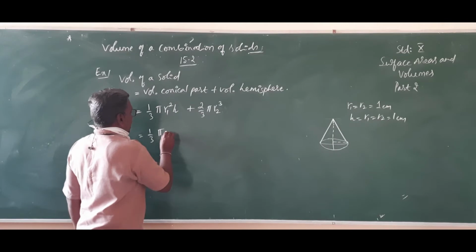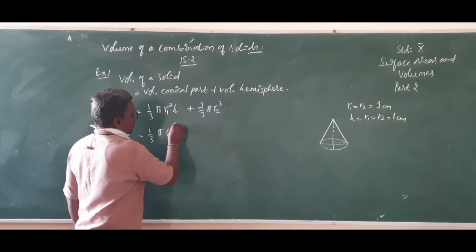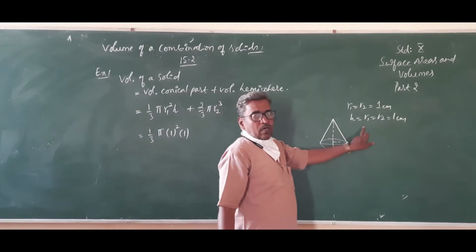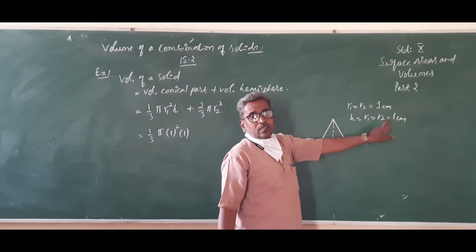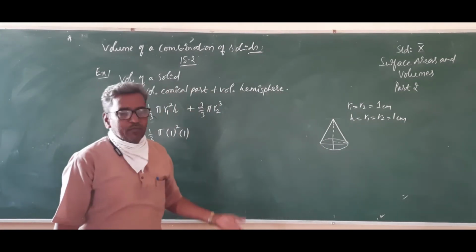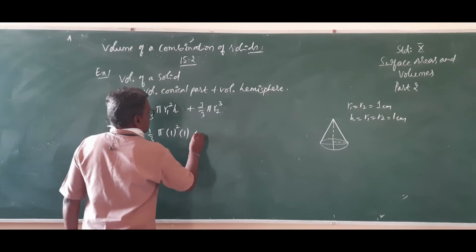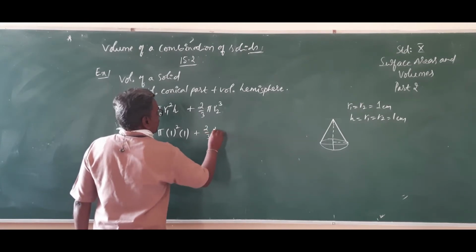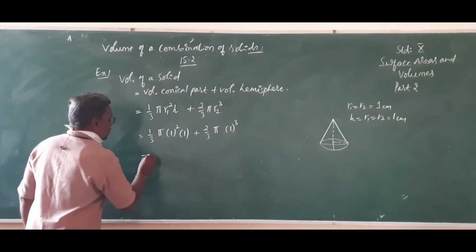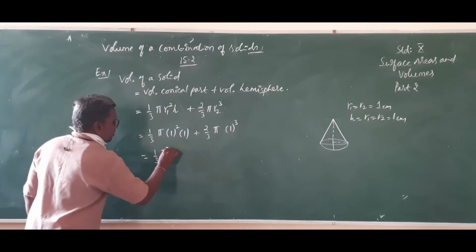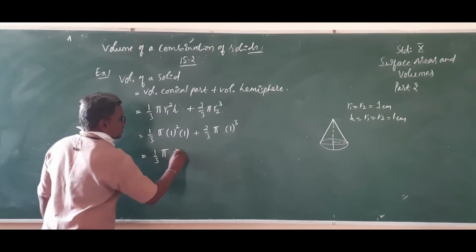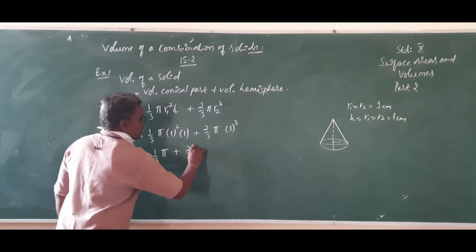1 by 3 pi r1 square, that is 1 square, and h is equal to the radius of the cone, which is equal to the radius of the hemisphere, plus 2 by 3 pi r2 cube, that is 1 cube, equal to 1 by 3 pi plus 2 by 3 pi.